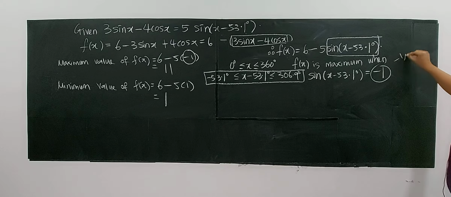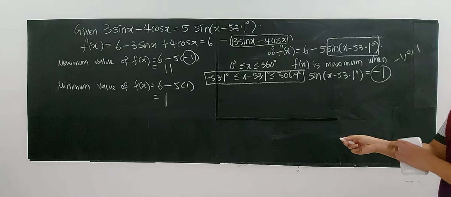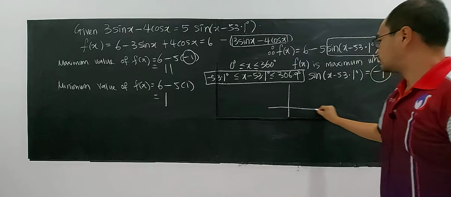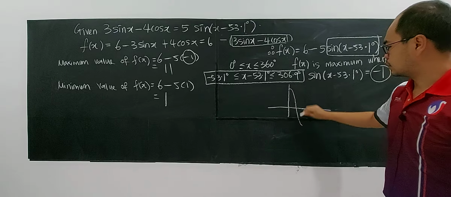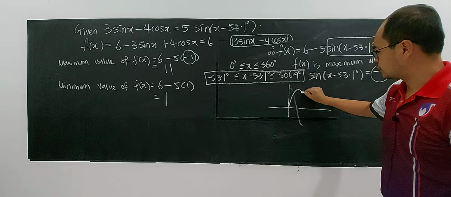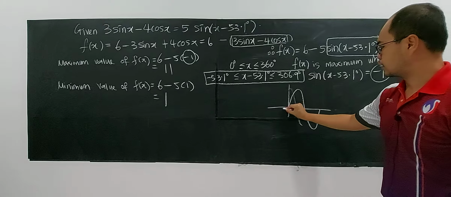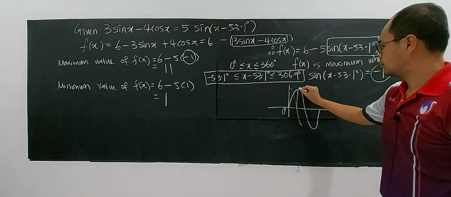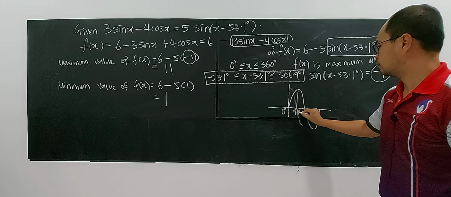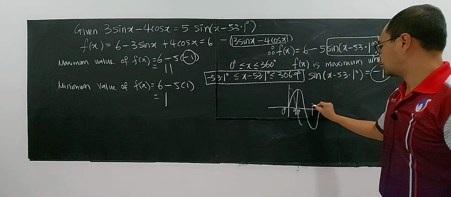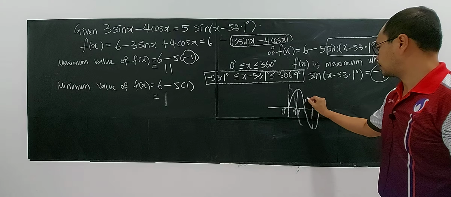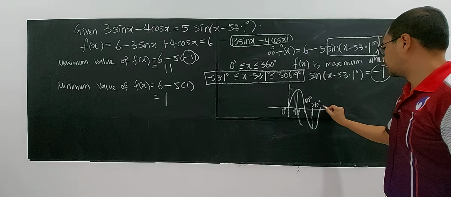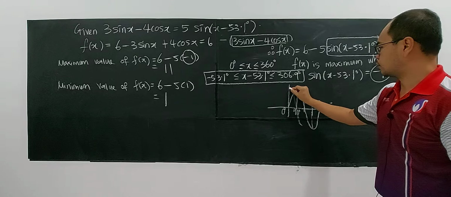Again, for -1, 0 and 1, we're using the graph, right? You know that sine will be -1. The graph for sine will be looking like this, so you have 0, 90, 270. This is your 180, 360. This is 1, and this is -1, right?